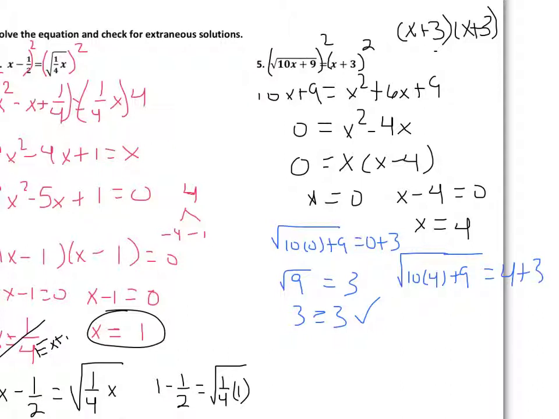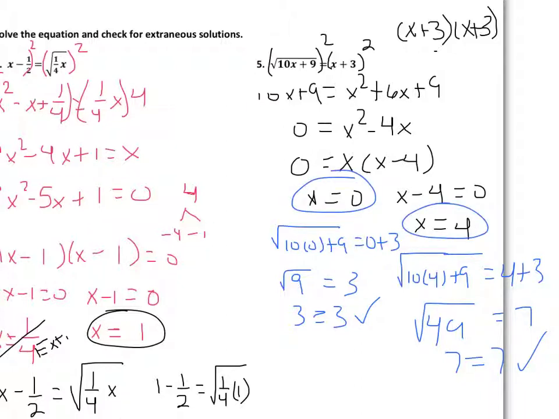So square root of 49 equals 7. 7 equals 7. Check. So both of these are solutions. There were no extraneous. Okay?